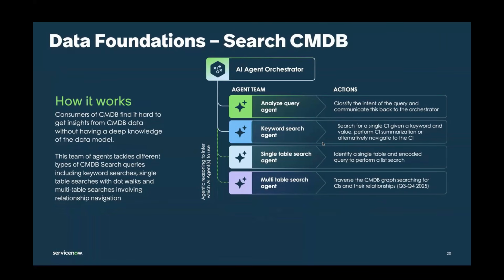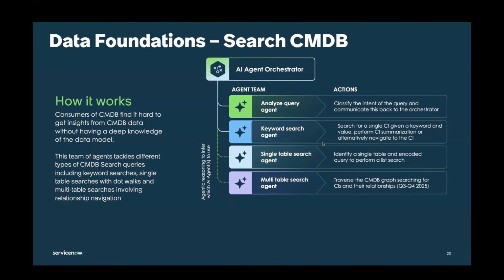The next page gets into more or less the searching capability. Some of this is going to be improved over the next couple of releases, I'm hearing probably Q1 next year. But what we have is an analyze query agent. This looks at the intent of the query and communicates back to the orchestrator what that query is.